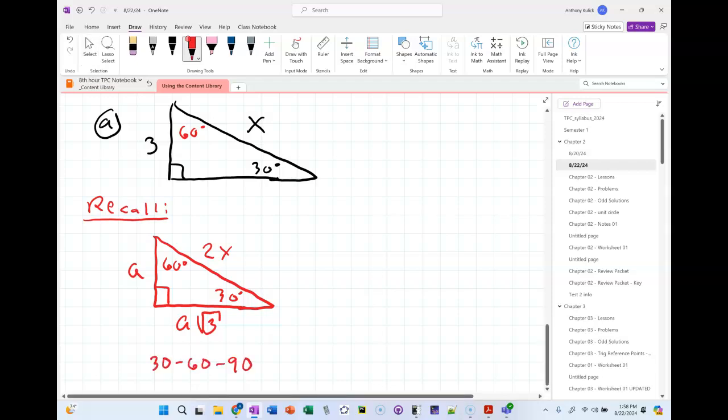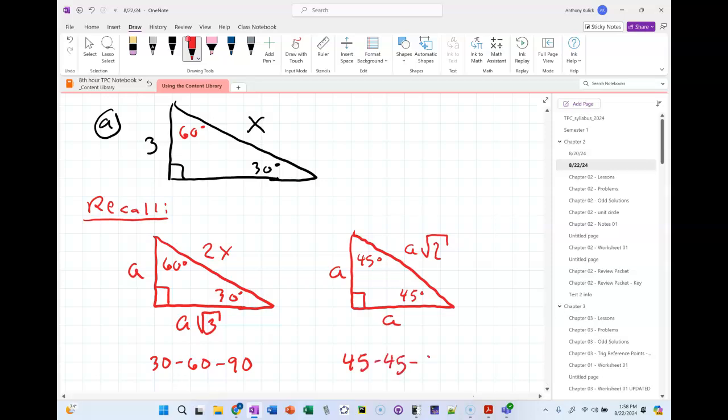Do you remember the other one, what it was called? Shout it out if you do. Was it 45, 45? Yeah, excellent. 45, 45, 90. And the ratio for those side lengths: the legs are A and the hypotenuse is A root 2.